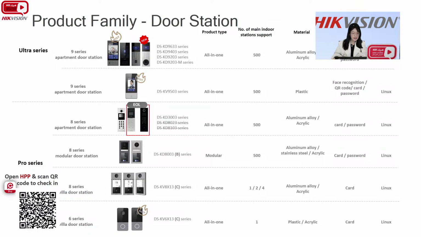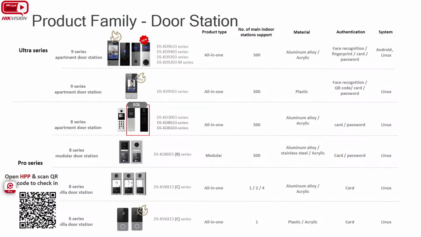The modular door stations and villa door stations include the 8 series and 6 series. The difference is how many indoor stations the main indoor station can support connecting to this kind of door station. Also, we have the Android system and the Linux system. By this chart, we can get to know.